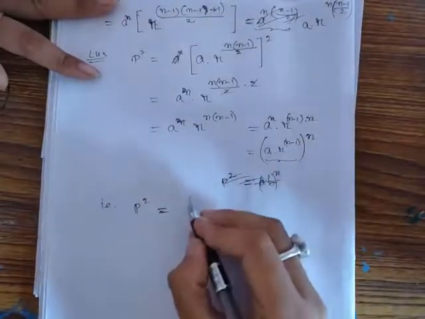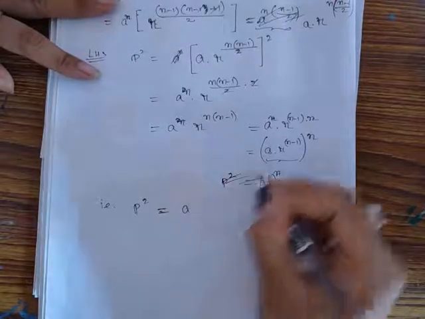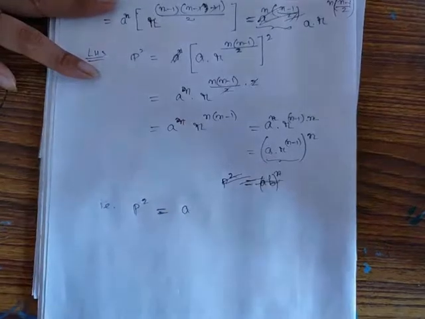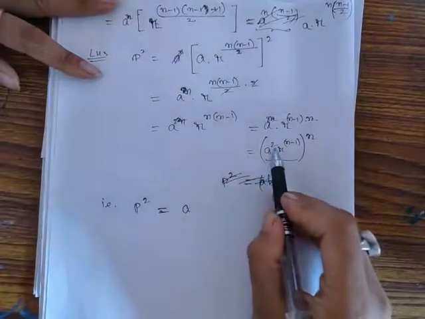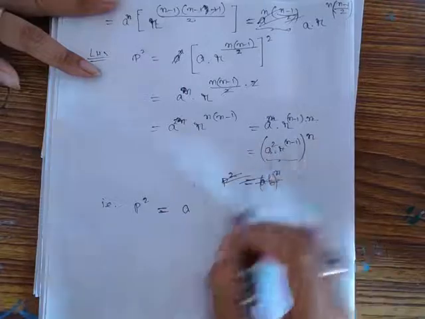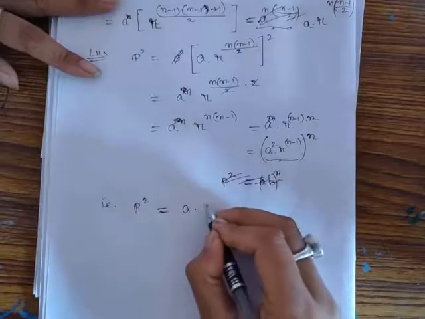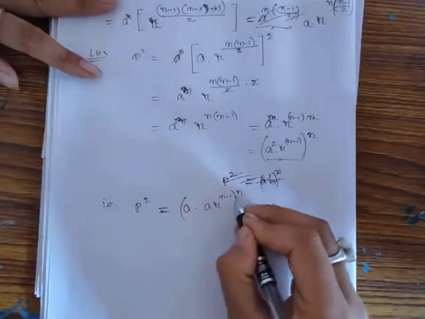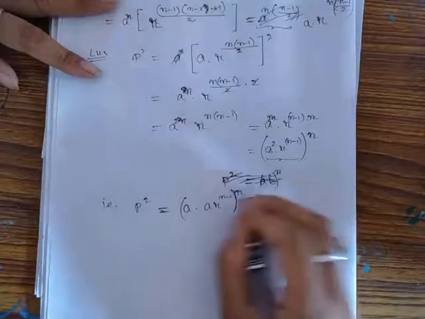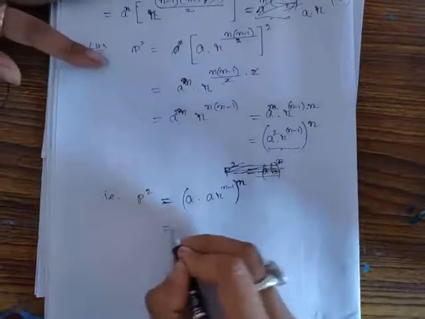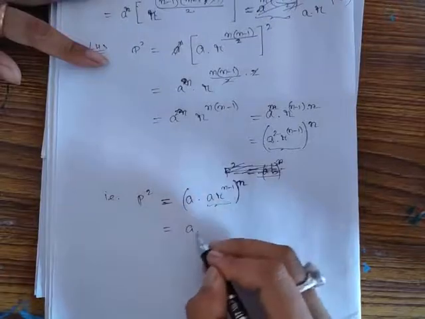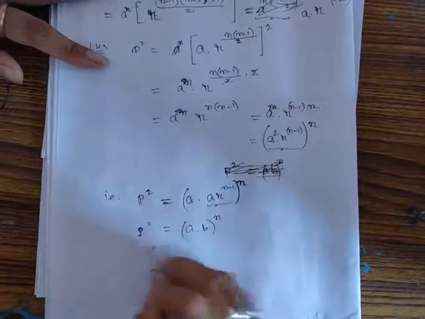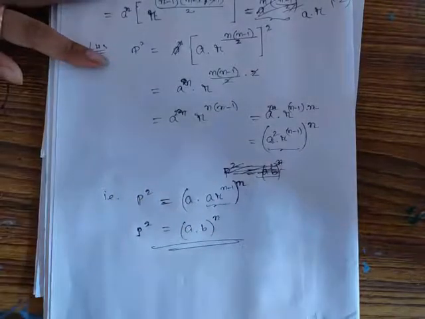That is, you can write a square as a into a. So split your a square: keep one a in this way, and another a r to the power n minus 1 holding to the power n. So in place of a, keep it as a, and a r to the power n minus 1 is b. So this is proved.